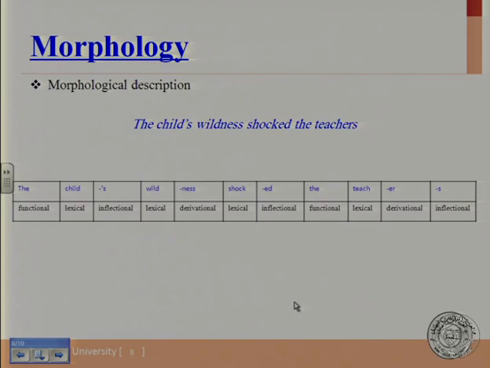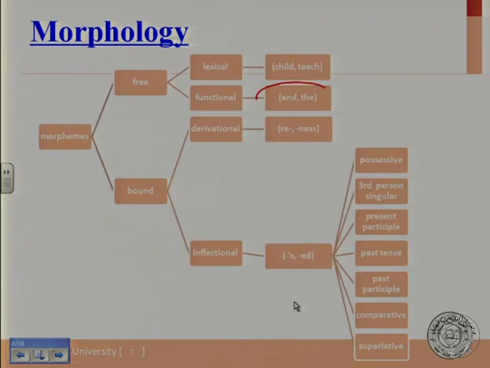Now, as you see, the is one word, child, and s, wild, ness, shock, ed form, the, teach, er, and s. We'll start with the first one. The is written here as functional. If we go back, functional, it is here as an article. It is a free functional morpheme.